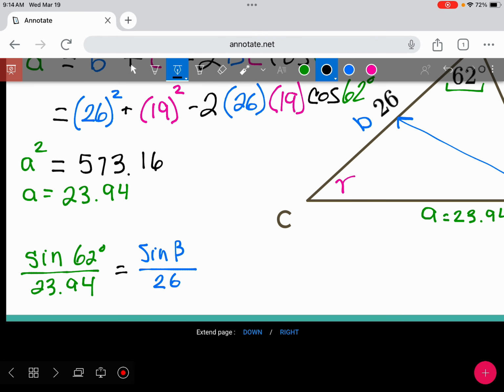So what do we do to figure out what beta is? Multiply by 26. So that gives us that sine of beta is 26 sine of 62 degrees over 23.94.